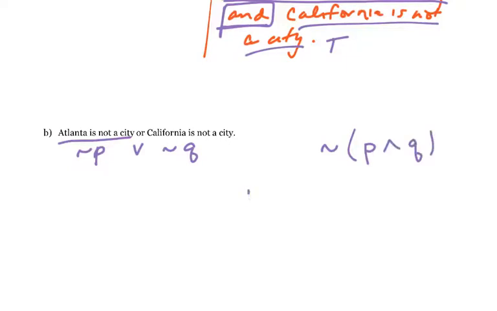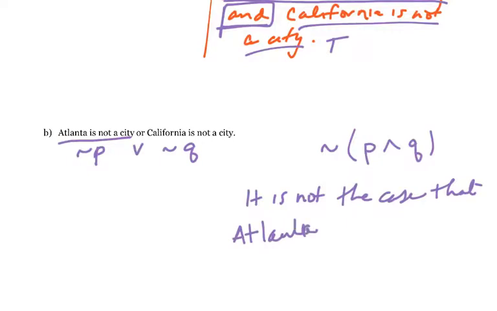So that is, it is not the case that Atlanta is a city and California is a city.